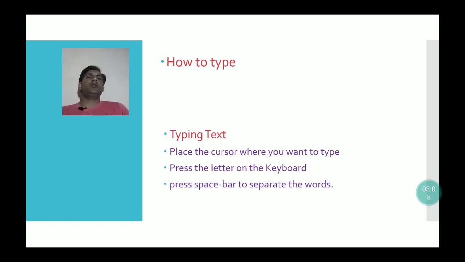Next is how to type. So now we have gone through the different types of keys in the keyboard and the model and working of the keyboard. Now we start typing. So how can we type? First, for typing, we just have to press the letter which we want to type. This letter will be typed where the cursor is placed.